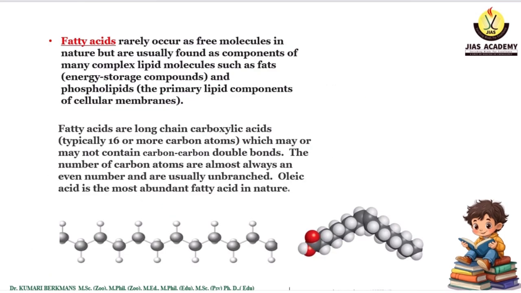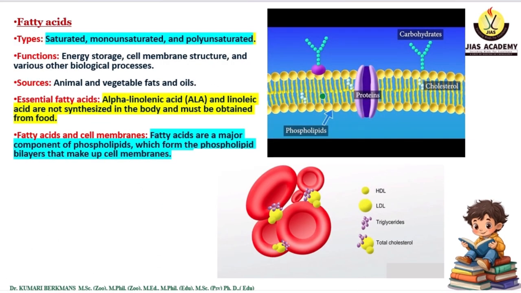Okay, so this is called stored food material in our body. So this fat is also very, very important to keep the energy storage. And the cell membrane structure is mainly made up of phospholipid. So this is also very, very important. And sources we can find in animal as well as vegetable fat as well as oils.